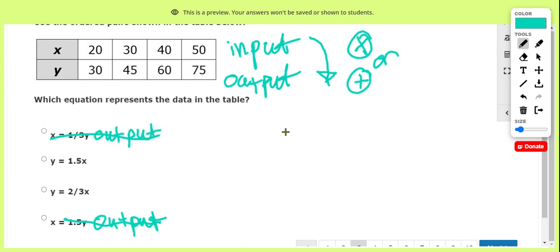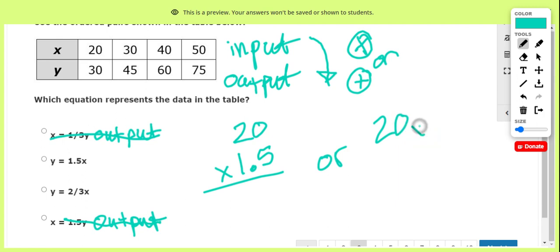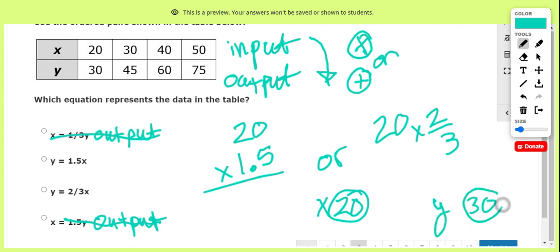So now you're checking to see which one is multiplied. So 20 times 1.5 or 20 times 2/3. So x is 20 and then y is 30. And you're checking to see which one is true.